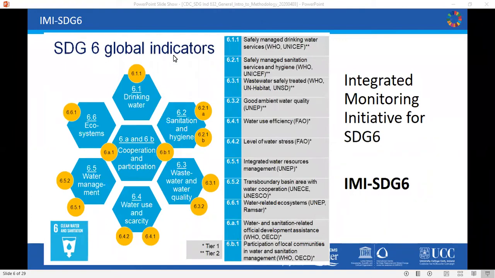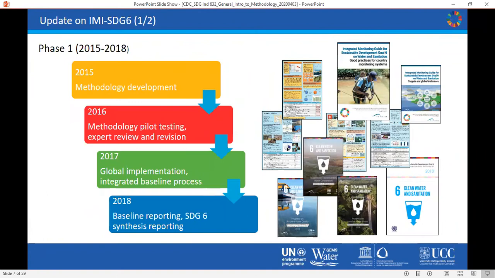Our aim is to first support data collection and analysis, and then support policy and decision makers at all levels to use this data. On the next slide, you see what happened in the so-called phase 1 of the initiative that was between 2015 and 2018.